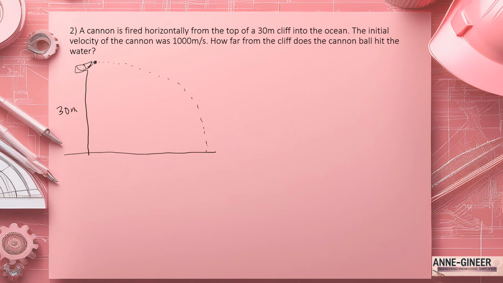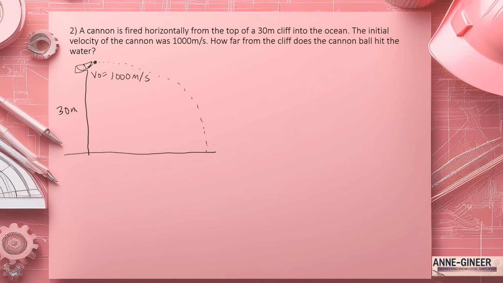So clearly, this is case 2. The initial velocity is 1,000 meters per second. How far from the cliff does the cannonball hit the water?